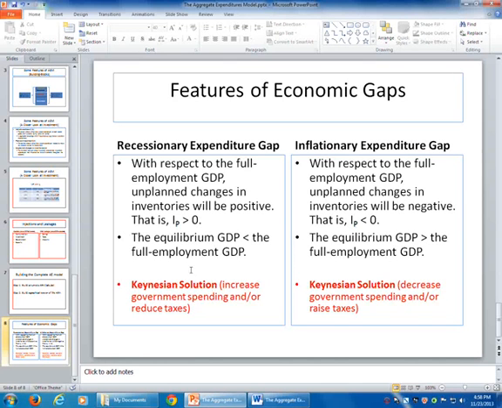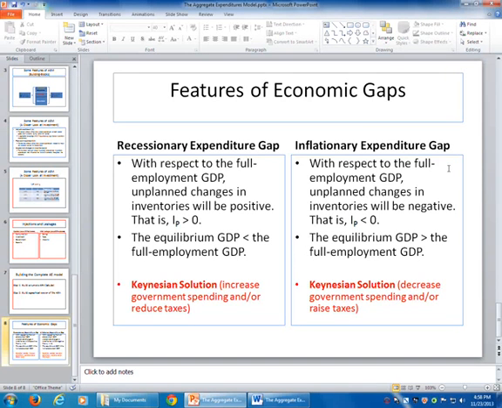So recessionary gap is one phenomenon that we want to look at, and we're going to use policy, what's called fiscal policy, in chapter 30, the next week's lecture, to show how fiscal policy can be used precisely to get rid of a recessionary gap. An inflationary gap is just the opposite of a recessionary gap.